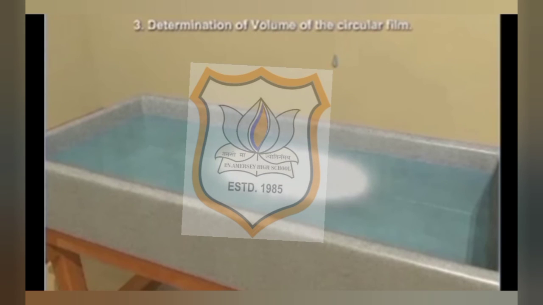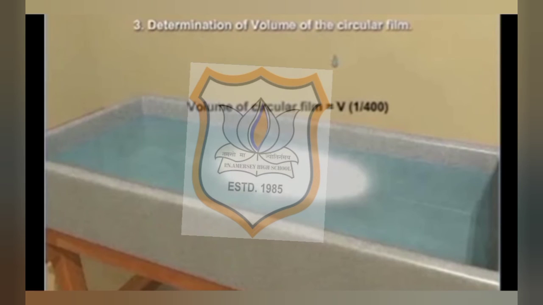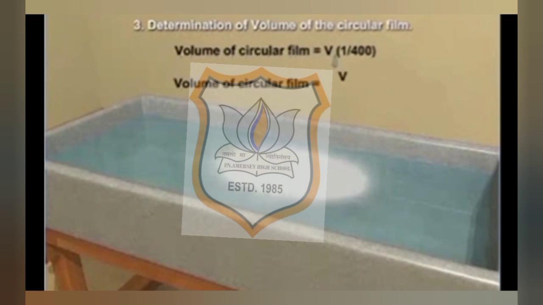So, the solution of oleic acid spreads very fast on the surface of water and forms a very thin layer of thickness t. It spreads to form a film of area A centimeters square.